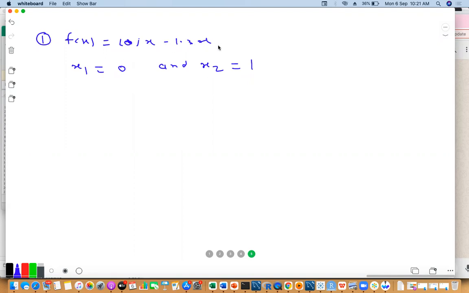Here we will simply be putting 0 or 1, and we know the values of cos 30, cos 45, similar to this. So here we should put the x value in radians. Whenever we are calculating, remember to convert the calculator mode to radian. So we have x1 equal to 0, x2 equal to 1.